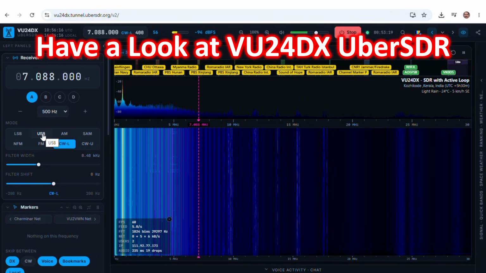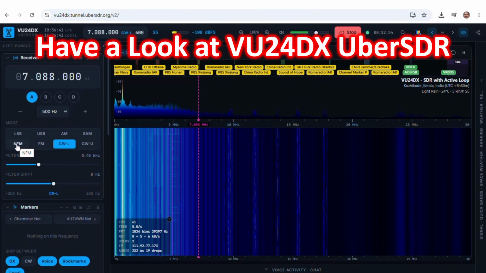USB is usually used above 10 megahertz and LSB below 10 megahertz. So for 40 meter you use LSB, and for 20 meter, 30 meter, everything you will use USB. I just put it for demo. It's not that way you should use it. CWU also for higher bands.